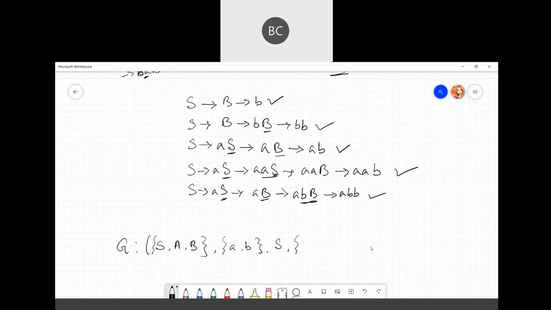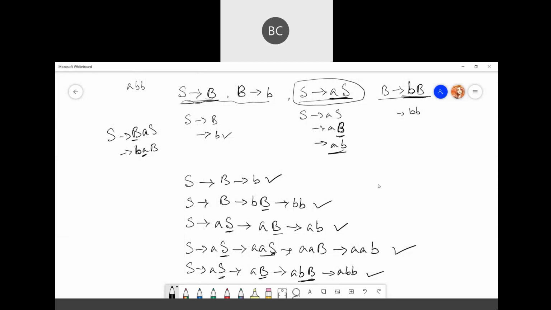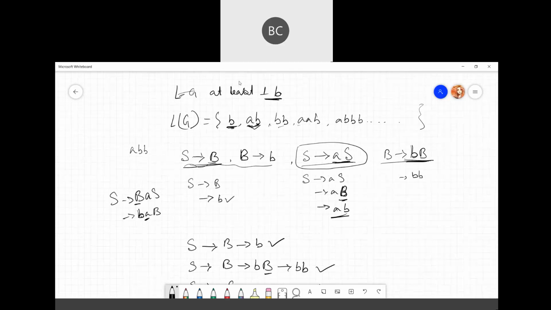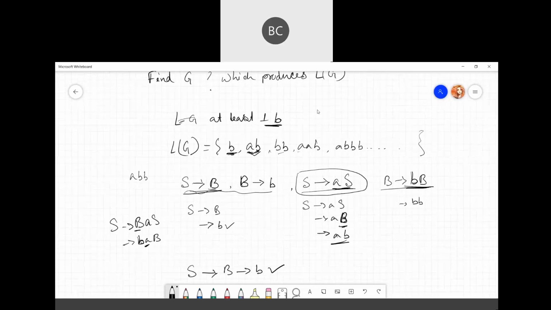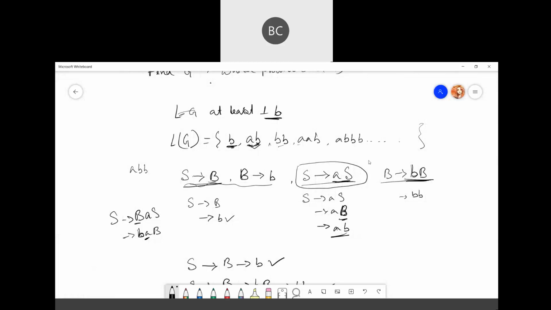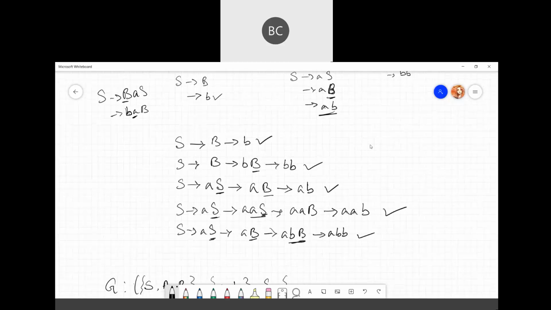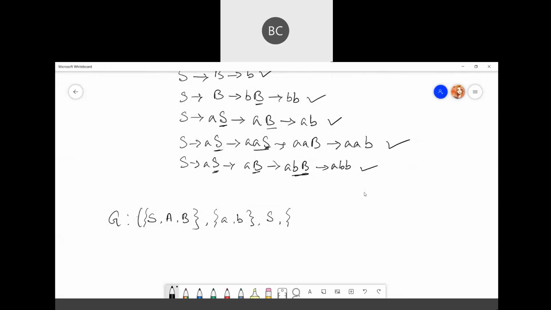Now we just need to write the productions. What are the productions you have taken? It's up to you what production rule you use, but just remember whether it is satisfying the condition or not. If it is satisfying the condition, it's fine. So S goes to aS.